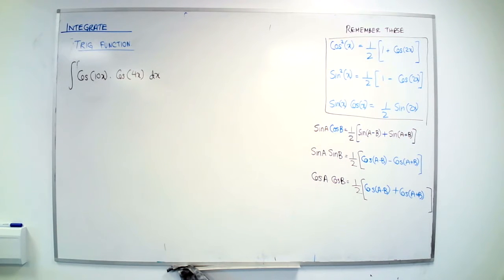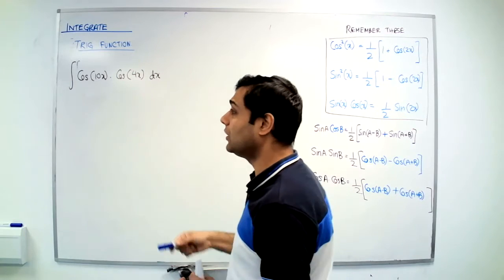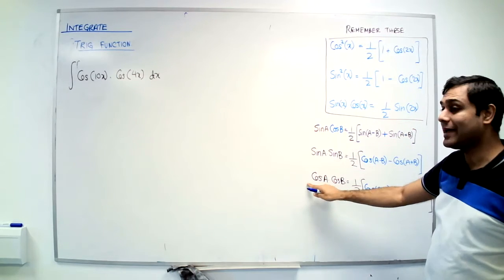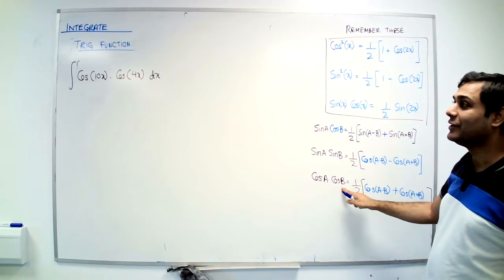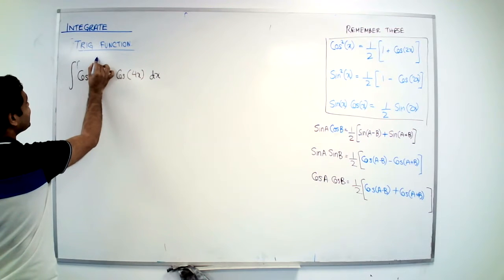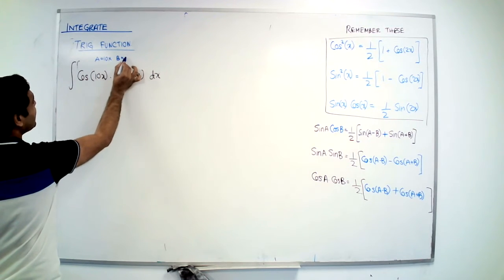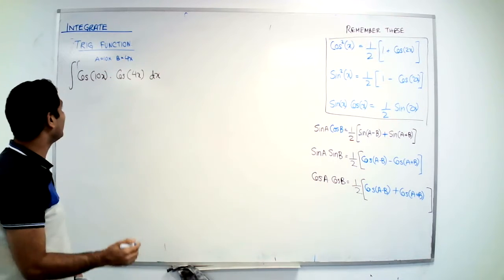To integrate that, I need to look for something where I can find cos dot another cos. If I look here, I can't find it. But here I can find it, because of cos A dot cos B. So here, let's say A is 10x and B is 4x. So I'm going to use that formula.